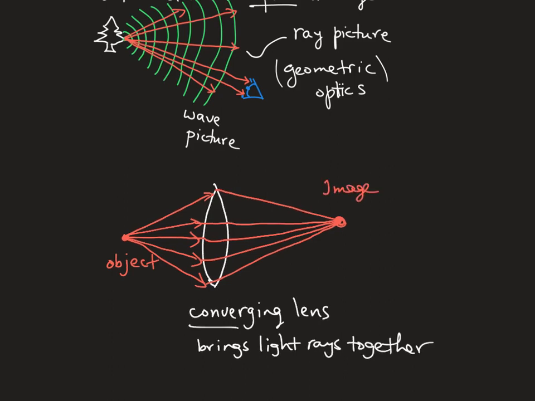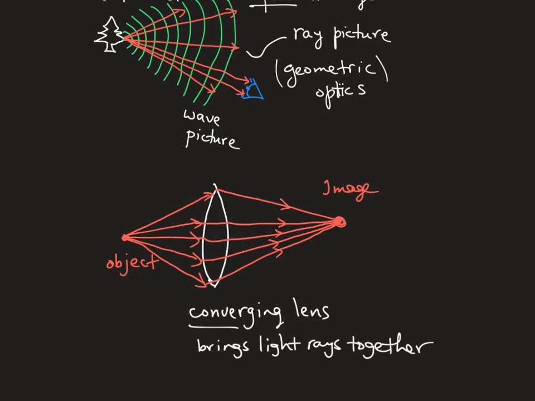And again, this is where I was saying at the beginning, it's confusing because now you have to think of that point as just one point on the object, right? If I really wanted to form the full image here, I'd have to do this same tracing for each of the points on the object. But the idea to see here is that in the ray picture, these rays are coming back together at this point.